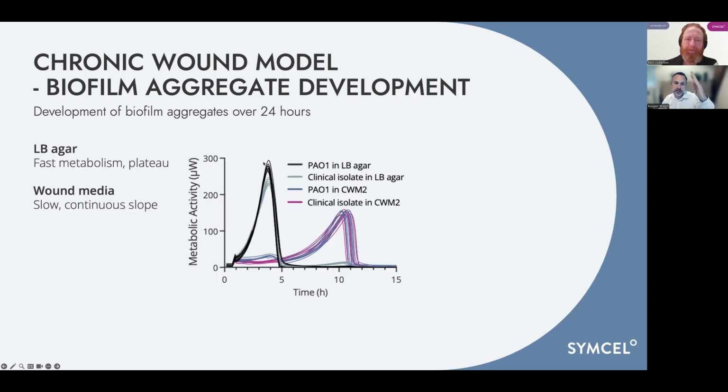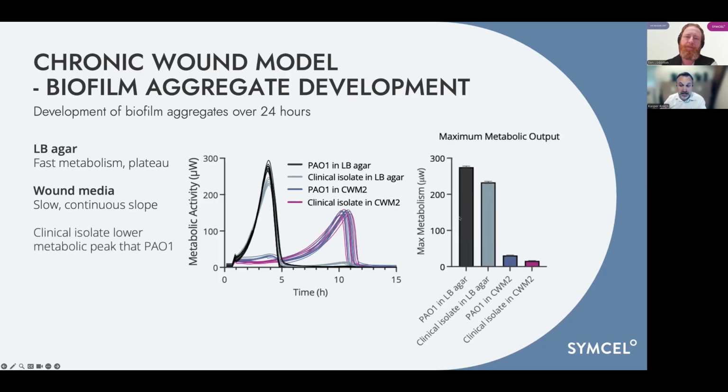This is the metabolic activity over time. You'll see this big peak, and then they go into a bit of a steady state. It goes much slower for the clinical isolate and the PA01 in the wound media.